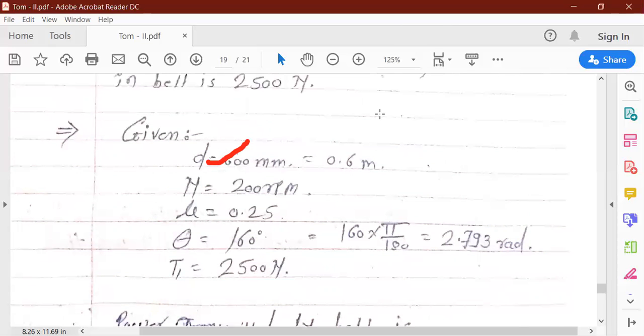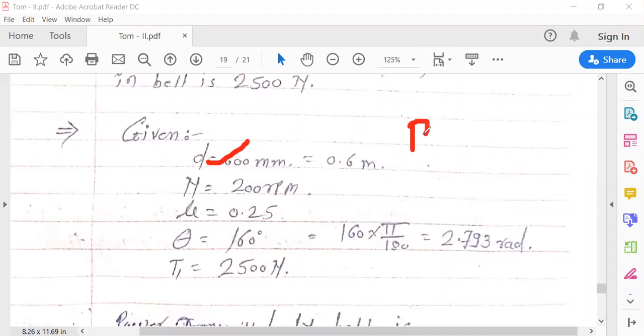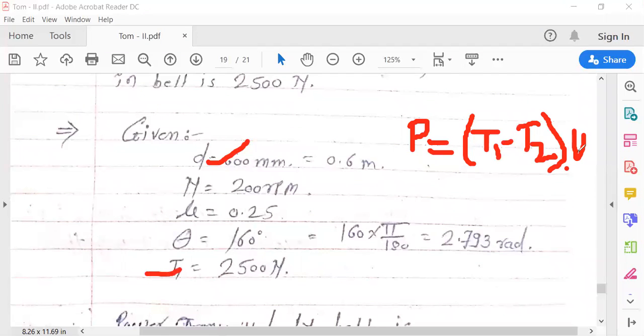We all know the formula for power: P is equal to (T1 minus T2) into V. Here T1 is given, but T2 is unknown.